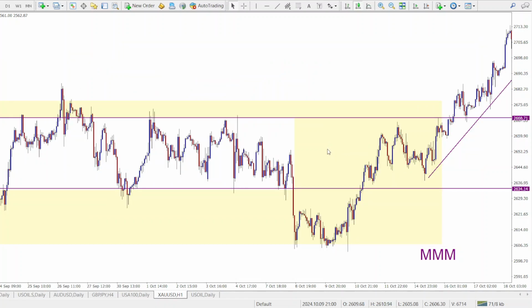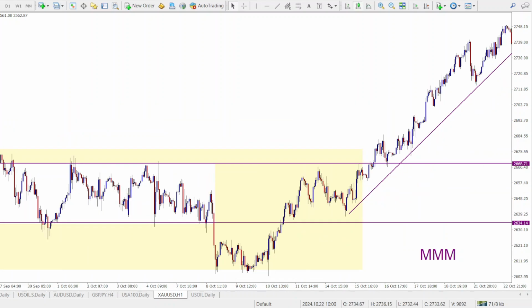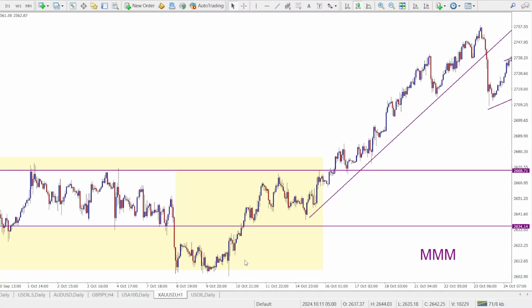So right after this fake breakout, retail traders might end up opening sell positions, and before you know it, phase three comes in, which is the distribution. Phase three is where the market moves decisively in the direction that the market makers intended all along.